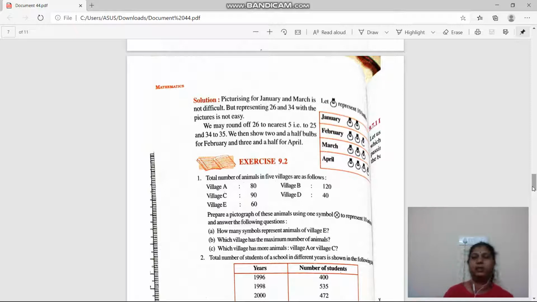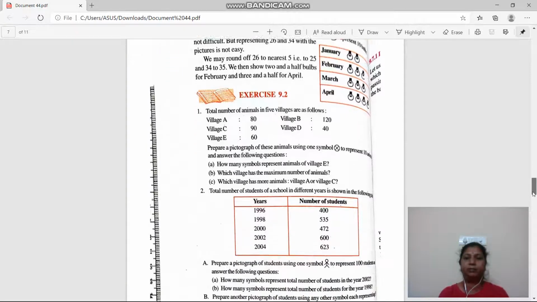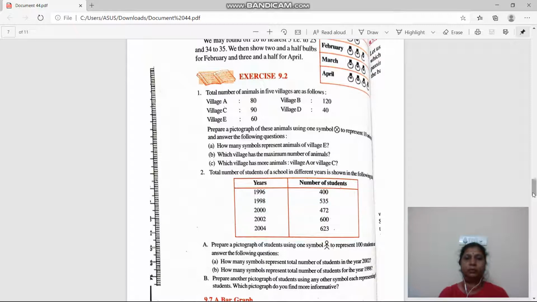So let's discuss how to draw the pictograph. So let's study one of the examples in 9.2. So we'll discuss the first question. So see here, the total number of animals in 5 villages are: village A 80, village B 120, village C 90, village D 40 and village E 60.